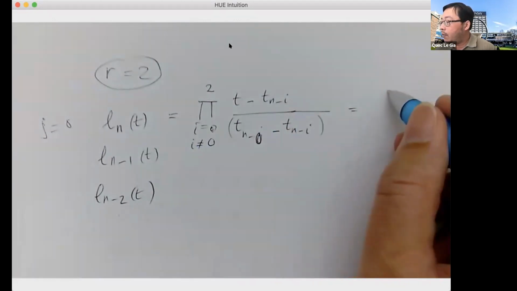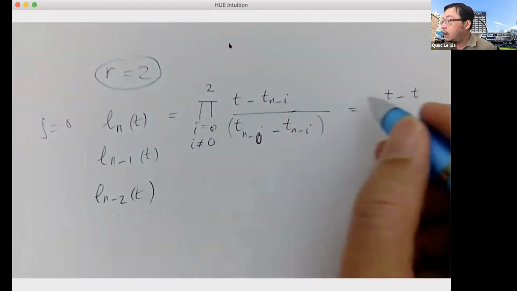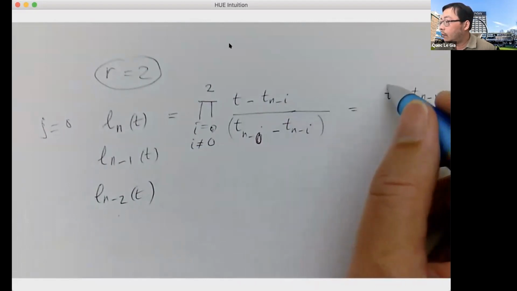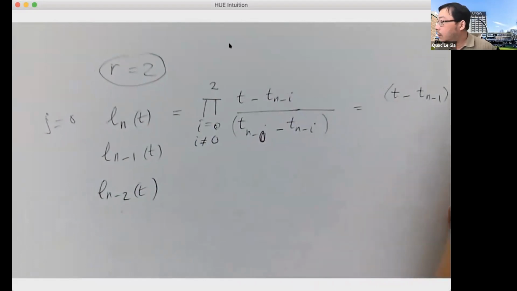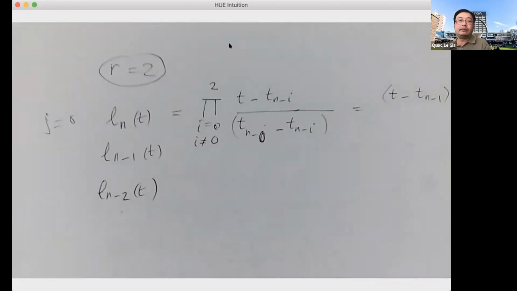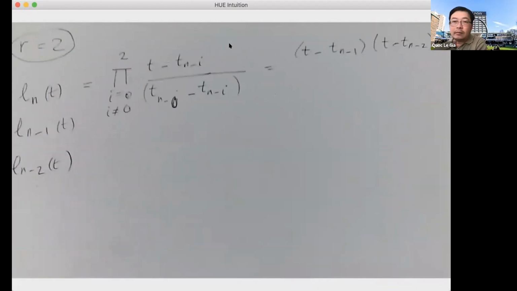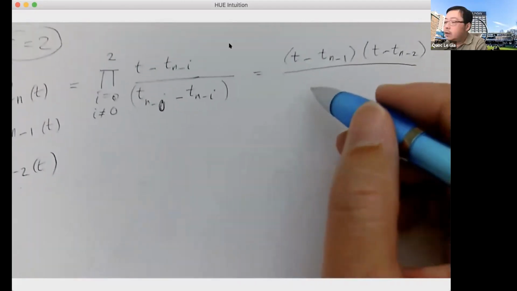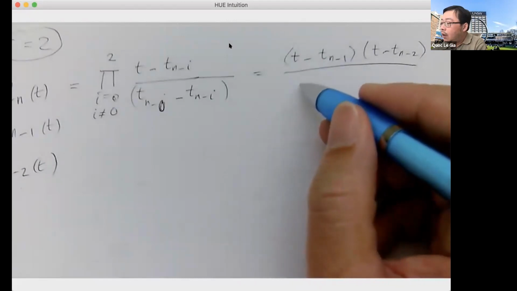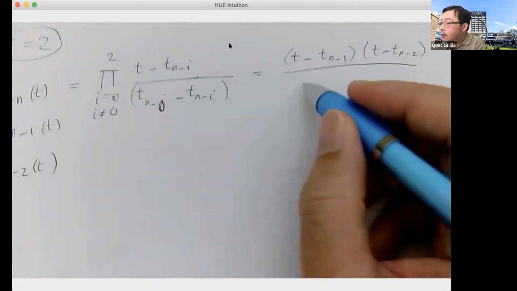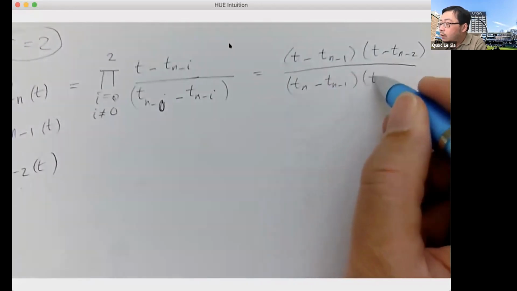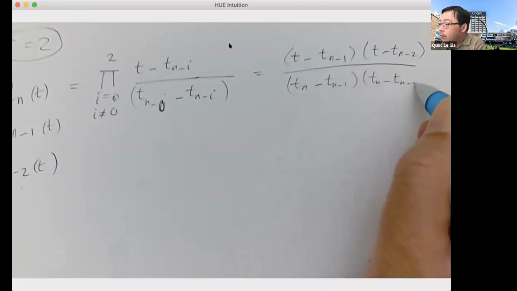So you got t minus t_{n-1}, and then t minus t_{n-2}. And the denominator is t_n minus t_{n-1}, t_n minus t_{n-2}.